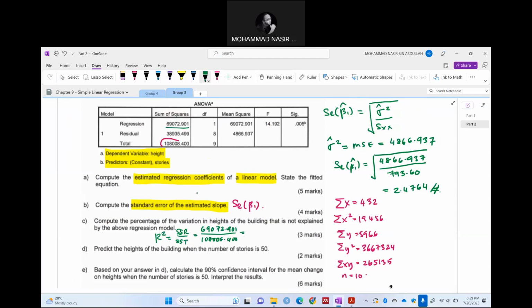So this one should be equal to 63.95%. So how to interpret? There are 63.95% of total variation in Y can be explained by X.